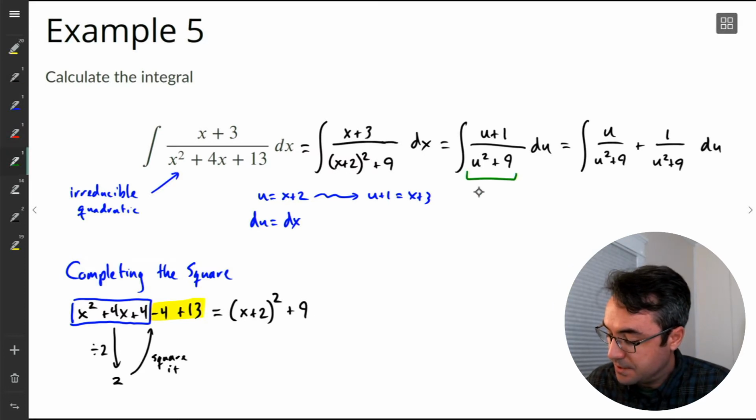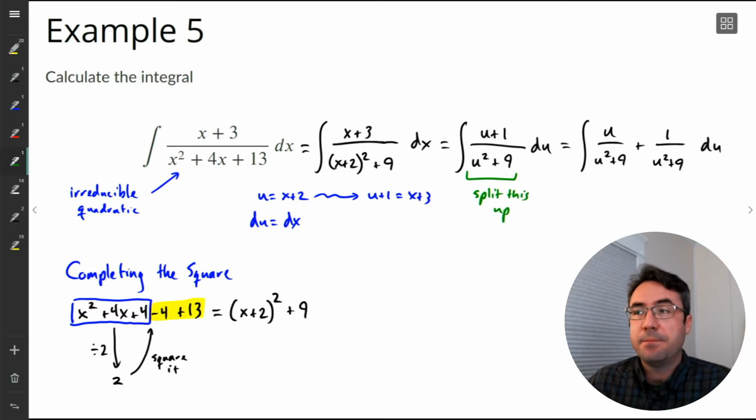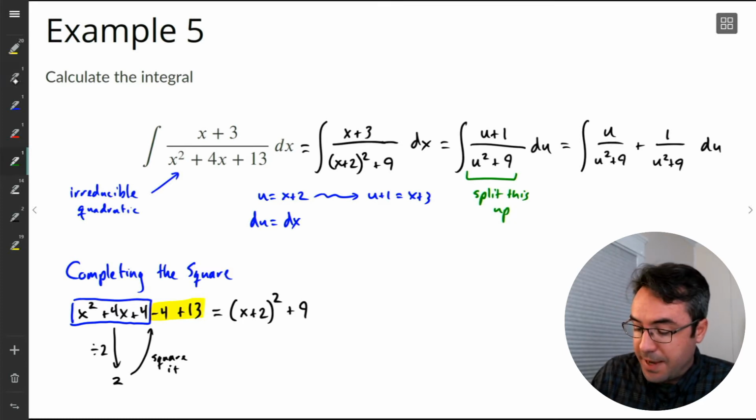We generally split this up into two separate fractions, because how we integrate the first fraction is going to be different from how we integrate the second fraction. So that first fraction, we know what that is.